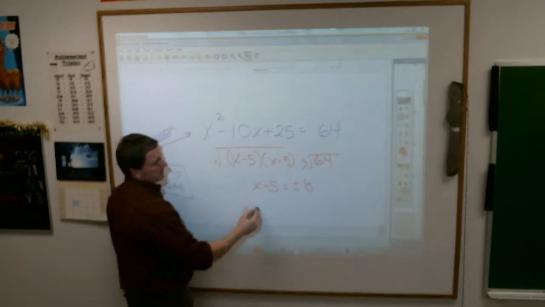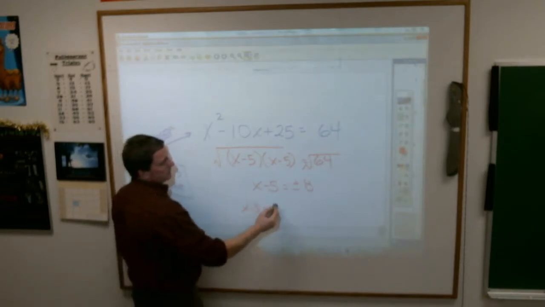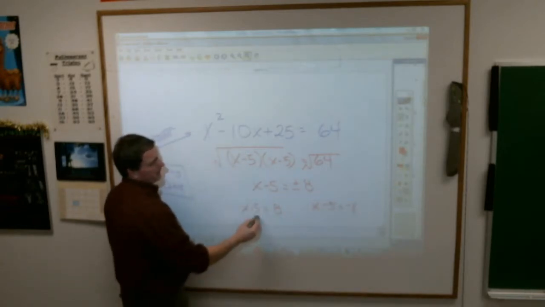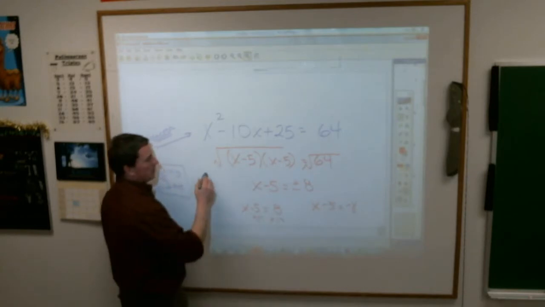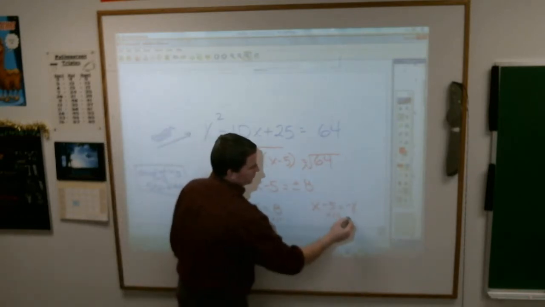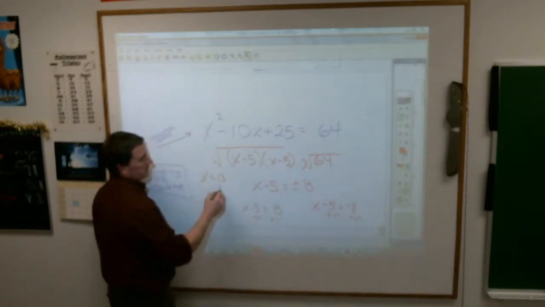So you have two equations: one time you get the positive 8 side, the other time the negative 8 side. Add 5 to both sides. So one answer should have been 13, and one answer should have been negative 3.